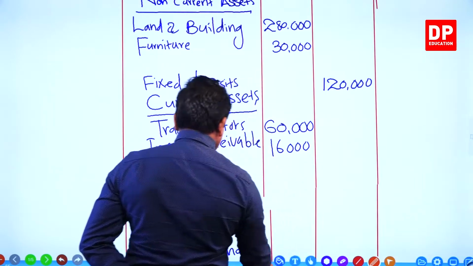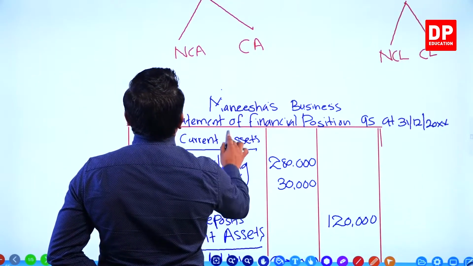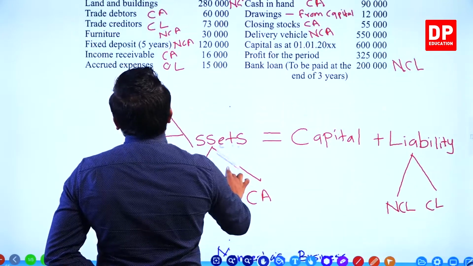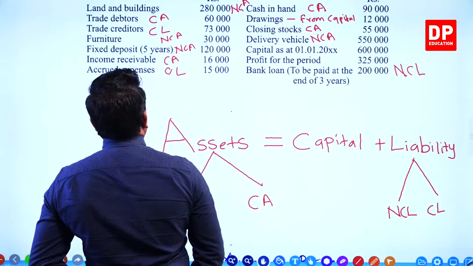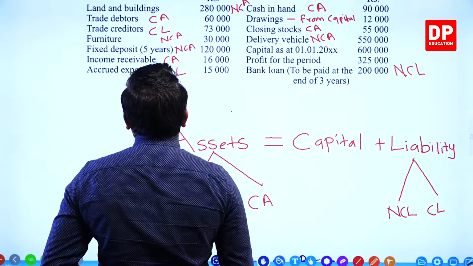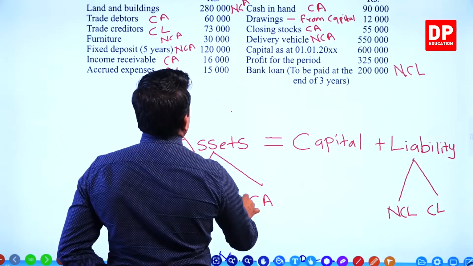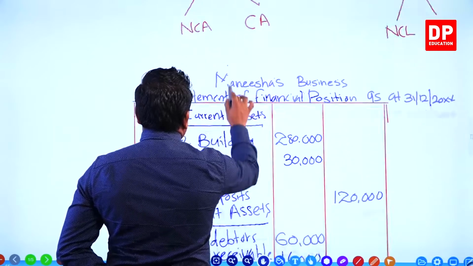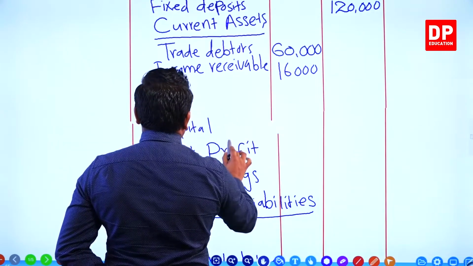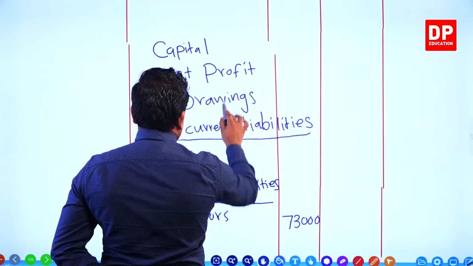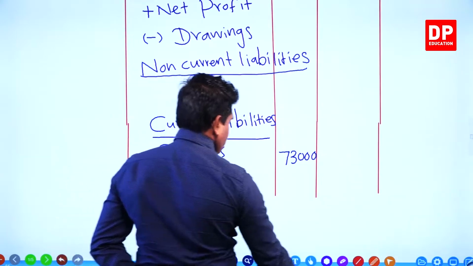Now the next one. Income receivable 16,000 we wrote. Then accrued expense 15,000. Accrued expense 15,000.